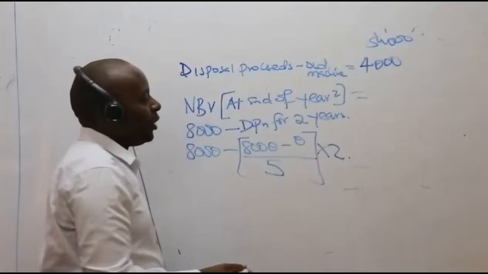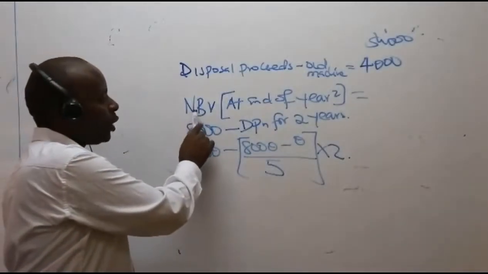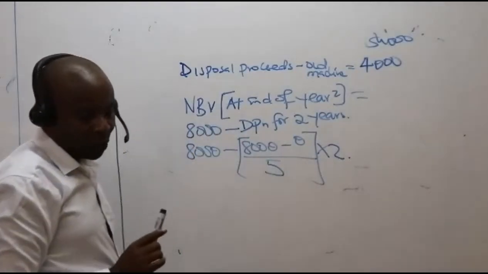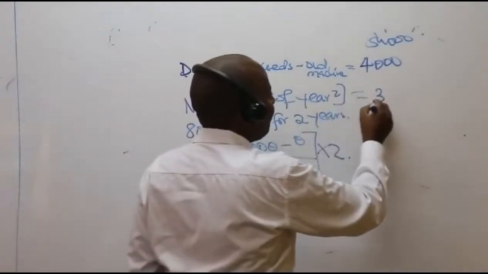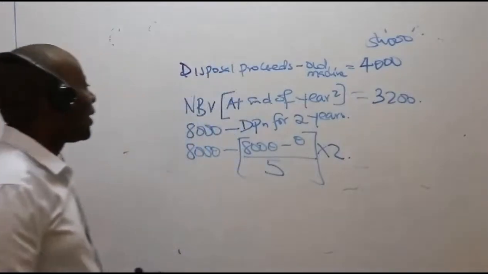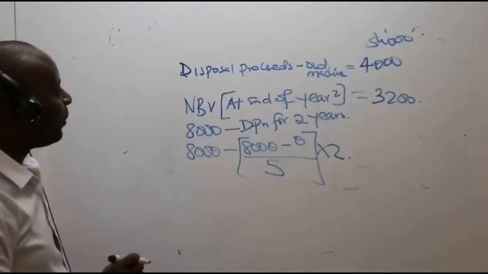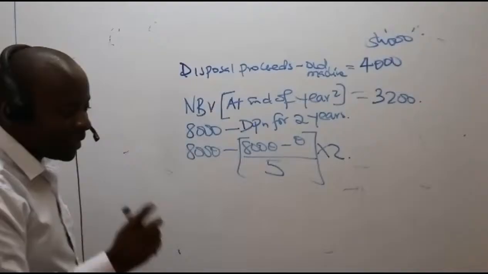So is there anybody who is able to give me the net book value of this particular old asset at the end of year 2? Olivia tells me it is 3,200. This 3,200, I can see in this case, they've made a profit, right?